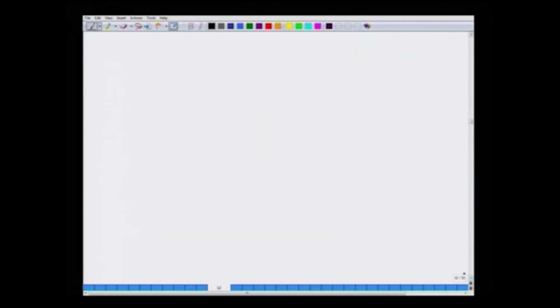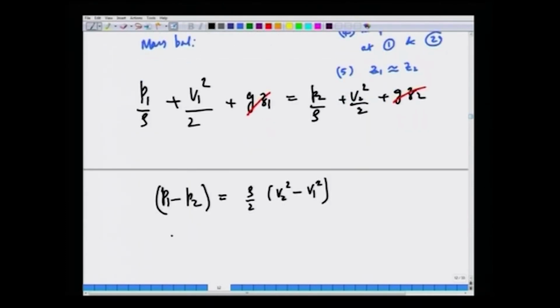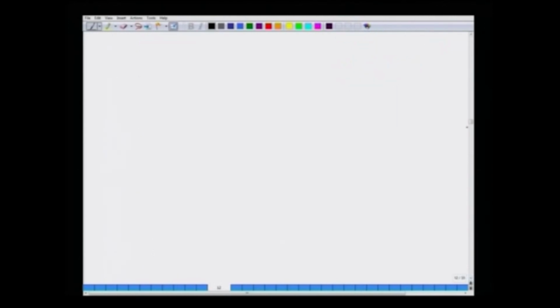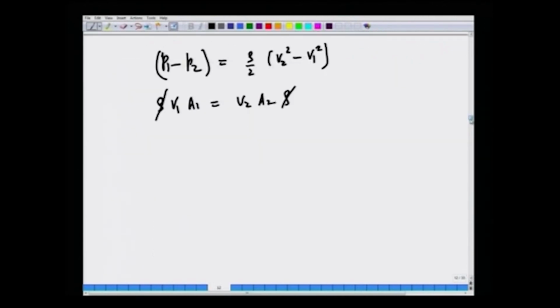Okay. Now, the mass conservation equation tells us that V1 A1 = V2 A2. Of course, rho is there, but rho cancels out because it is an incompressible fluid. We are assuming incompressible fluids, rho is a constant, does not change.